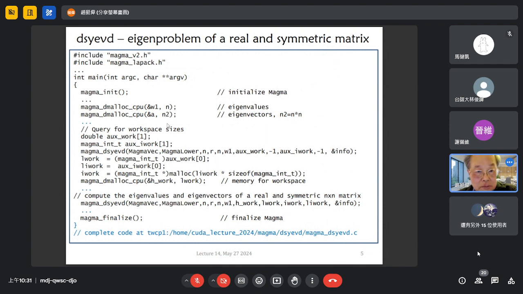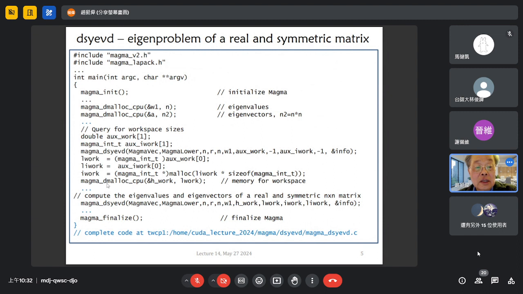And then first I have to query for the workspace sizes. So you have to call the Magma routine in order to get the workspace size. So this is the lwork and iwork.